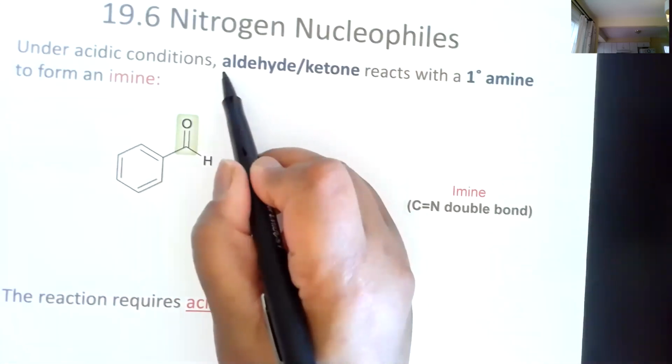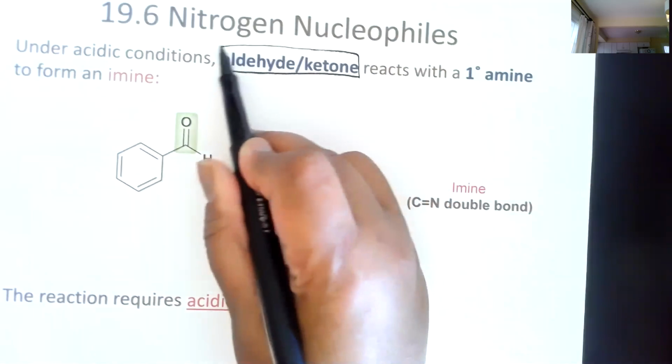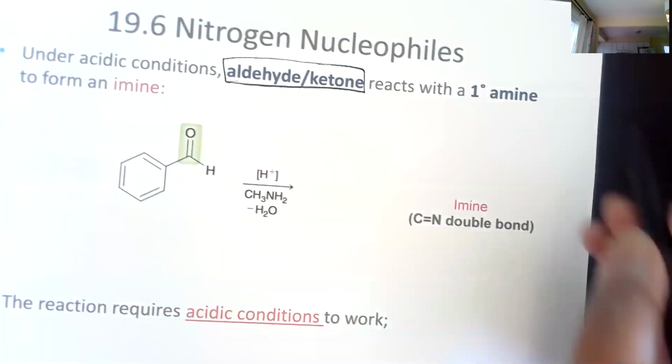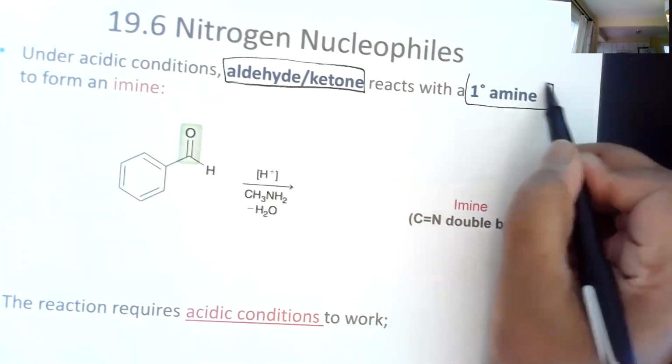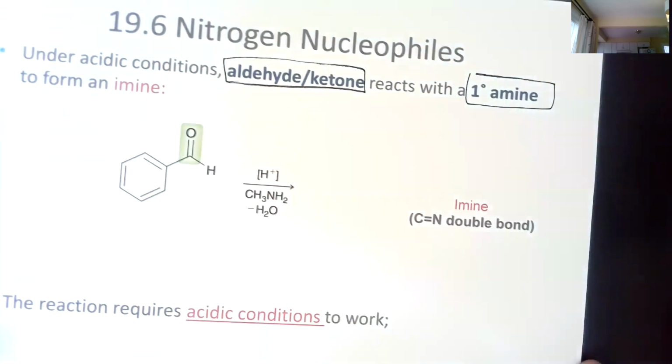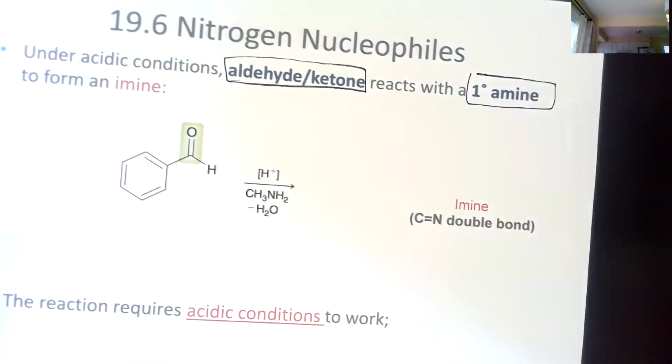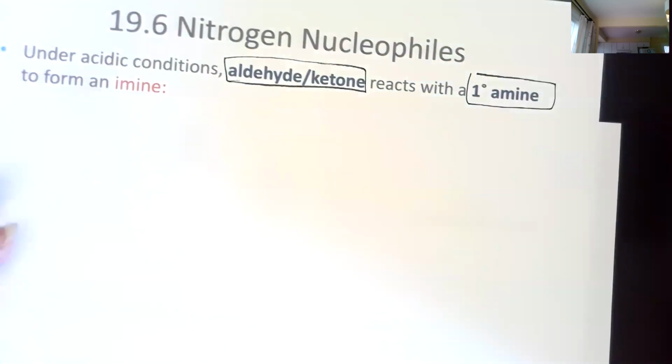Now, under acidic conditions, aldehydes and ketones react with primary amines. So we have to know the difference between a primary amine and a secondary amine.